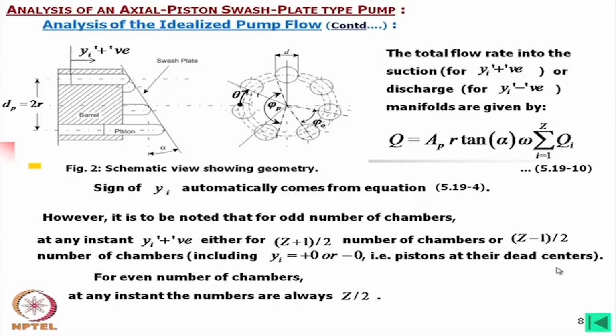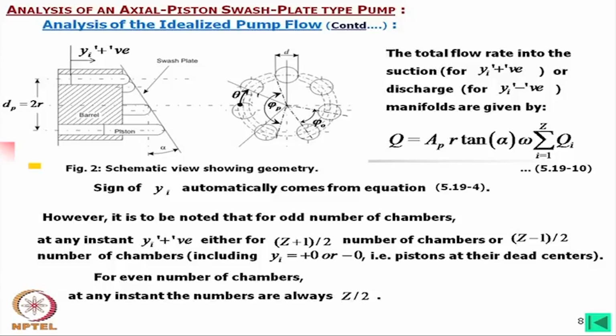For an even number of chambers, it is just Z by 2. For example, if 6 pistons are there, 3 pistons are in suction and 3 pistons in compression. Now, what will happen for the dead zone? When the pistons are in the dead zone, you will find 2 pistons are in the dead zone.